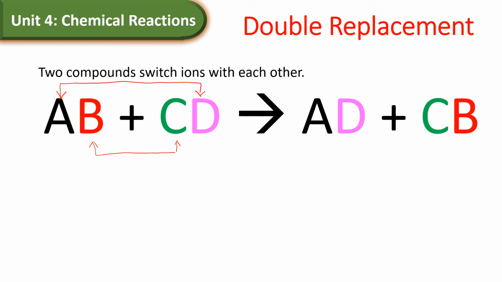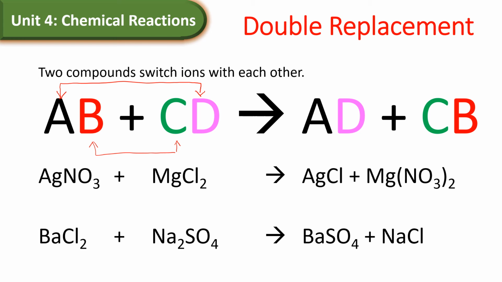For example, we have silver nitrate combining with magnesium chloride to produce silver chloride plus magnesium nitrate. So what happened here?